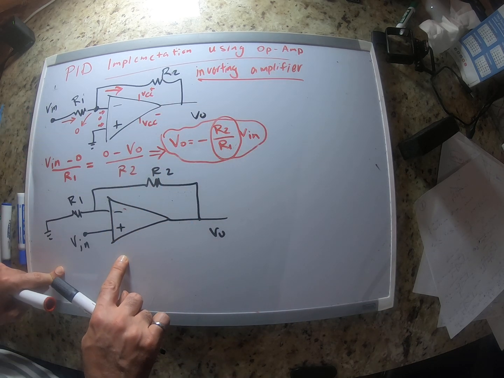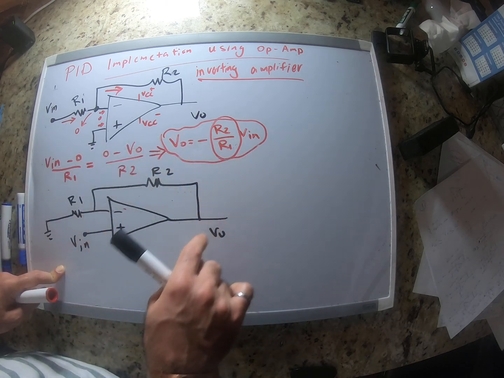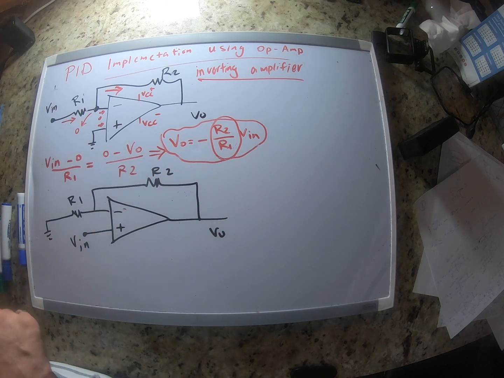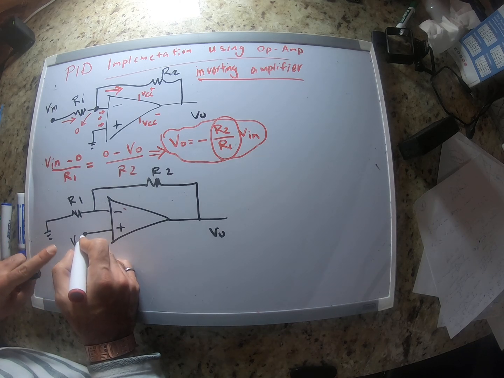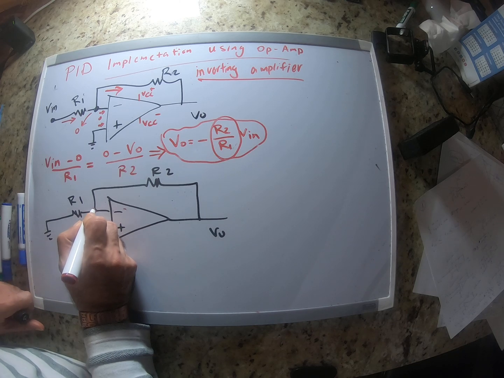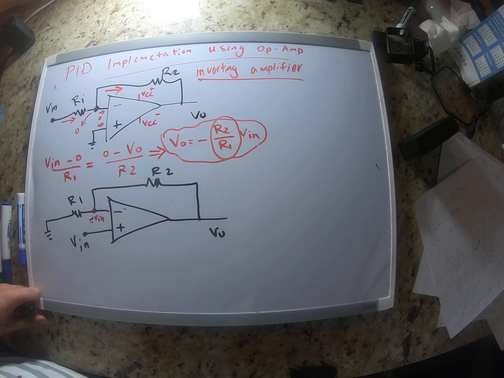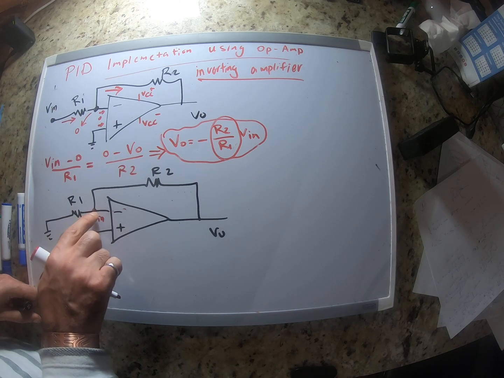Let's actually write the same thing that we did here for this circuit. So again, because Vp is equal to Vn, this voltage is going to be equal to Vn, right? So again, I'm going to write KCL here.